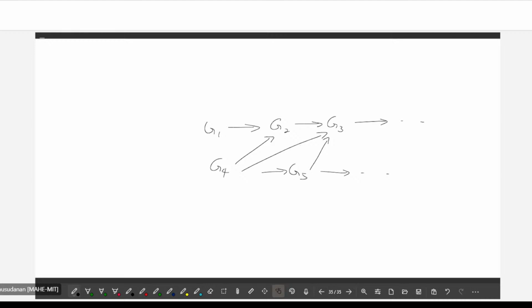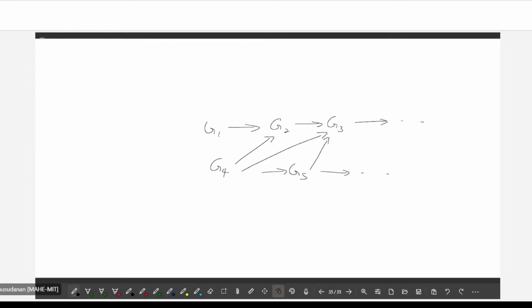So it's a generalization of a sequence, in the sense that instead of just a linear chain, you have more of a poset kind of structure.